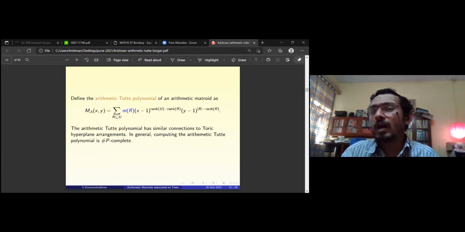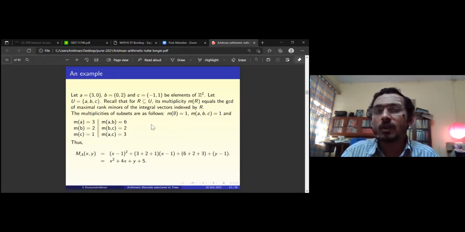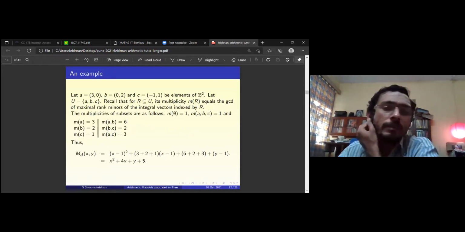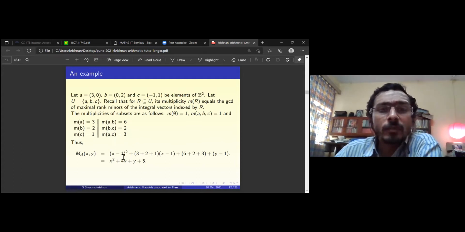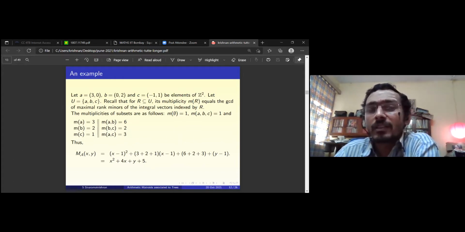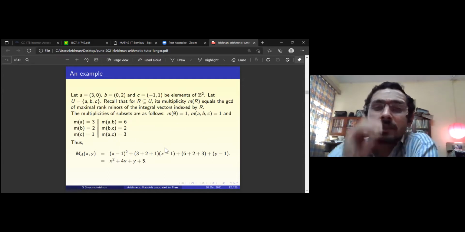Here the size of R and rank of R are the same, so the y minus 1 power will not contribute. I sum over all of these, and the x minus 1 squared comes from the empty set. Likewise, you can check the other ones. So this is an example I worked out.